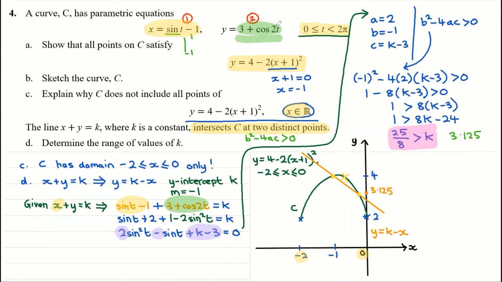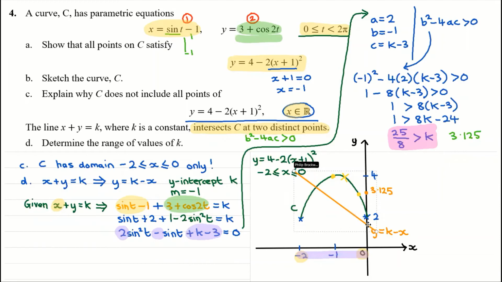And you can see that clearly from the graph we've drawn here and from all the work we've done already. So what we have to do is see what happens if we move this line a bit further down. We have to have 2 points of intersection. Now, 2 points of intersection will stop the very moment my y-intercept drops below 2, because the curve ends.